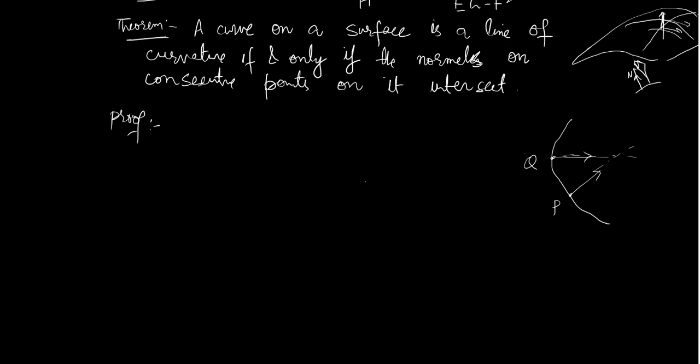Let's call this small arc from P to Q, or this vector, dr. And let's call this vector n, the normal at point P, and the normal at point Q, let's denote it by n plus a little increment, n plus dn.